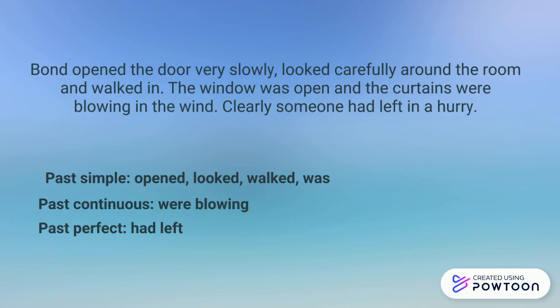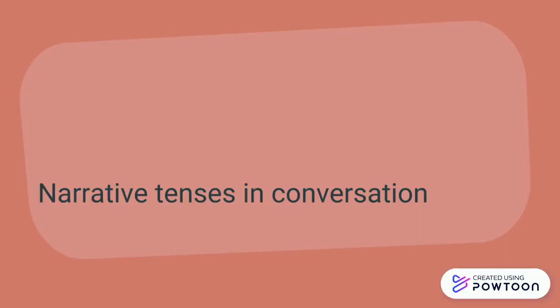And the past continuous is going to show the progress of the action that was taking place. And finally, the past perfect, we are going to use it to express that something happened before the other person walked in.